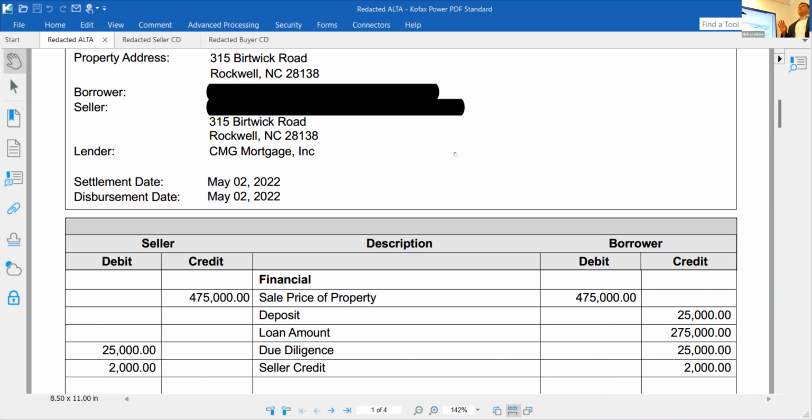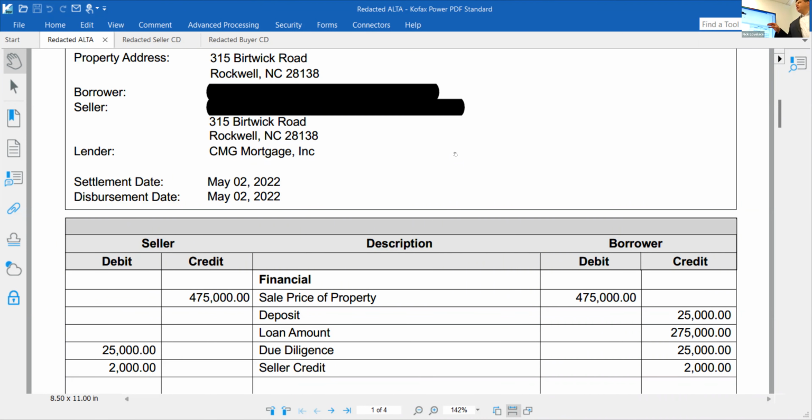If it's incorrect on our end, it's easily fixable. If it's incorrect on the closing disclosure, that has to be reissued by the lender. We can't fix that. So especially if you're on the buyer side, make sure that you've got the correct spelling of folks' names. And then you've got your address for the sellers and buyers.